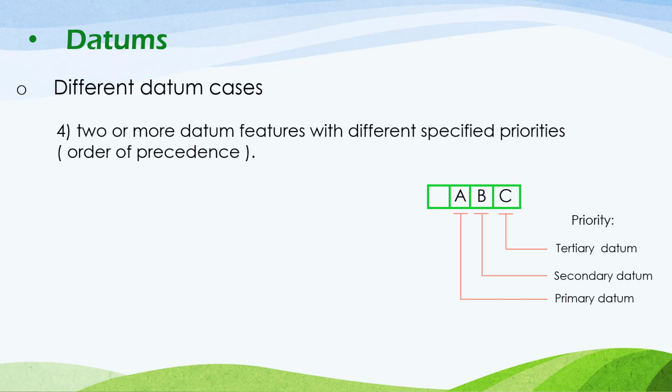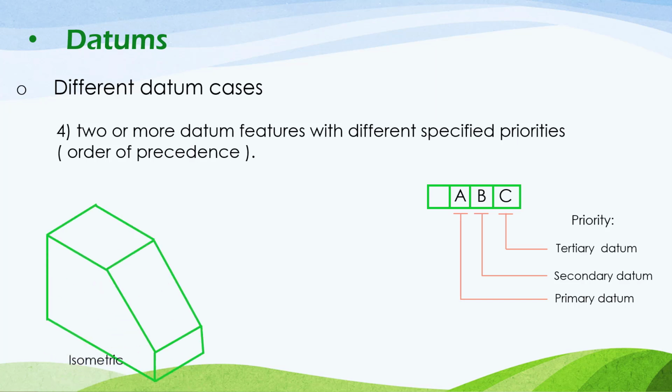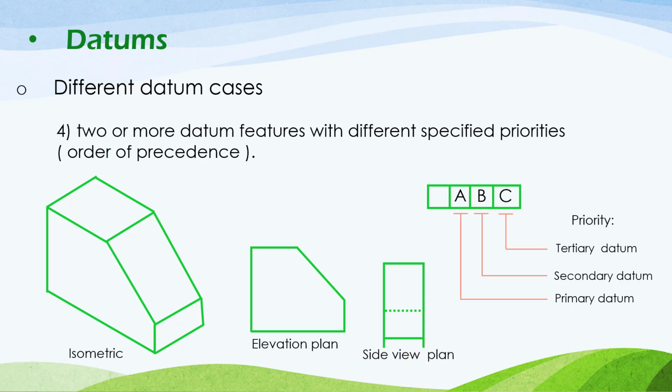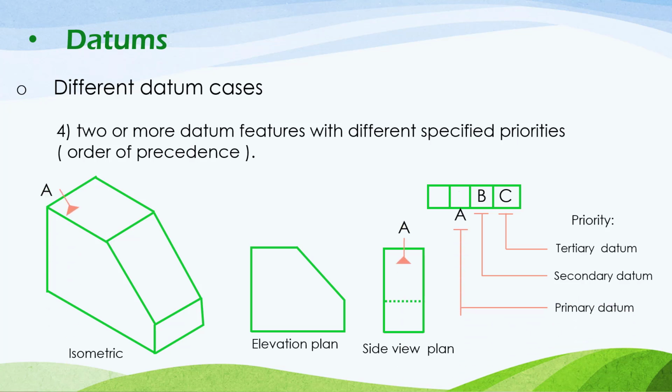And we can take an example to understand that priority technique. Suppose we have this mechanical part, so this is its shape as a 3D model, and this is its elevation plan here, then this is its side view plan as you see. Now we have three datums on this isometric, but with different priorities. The first one is the datum feature A, which is the primary datum.